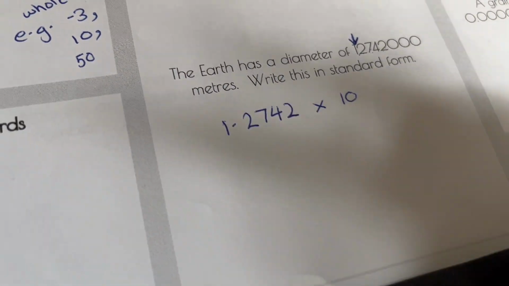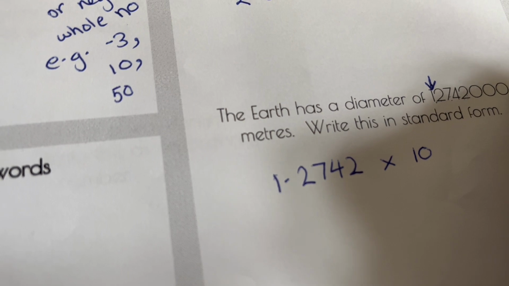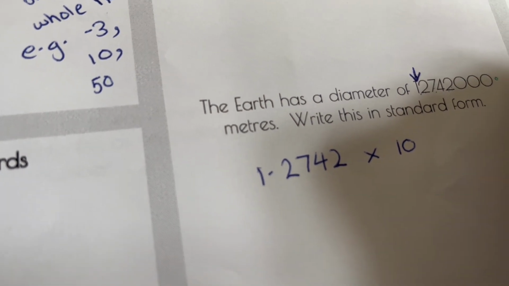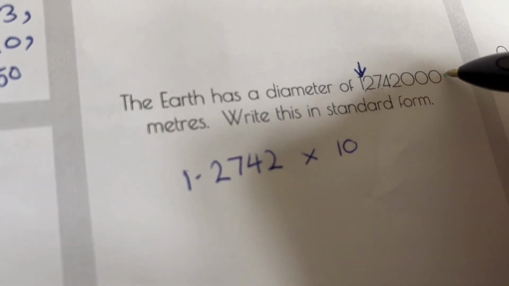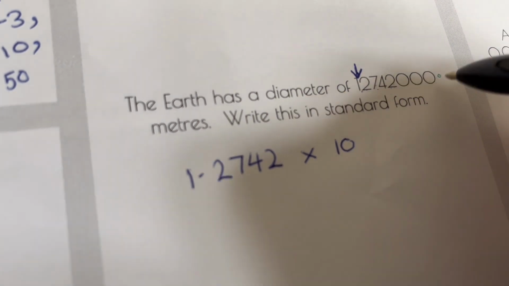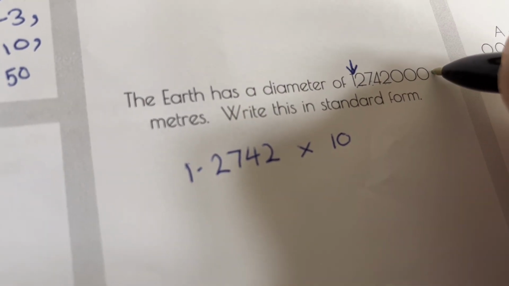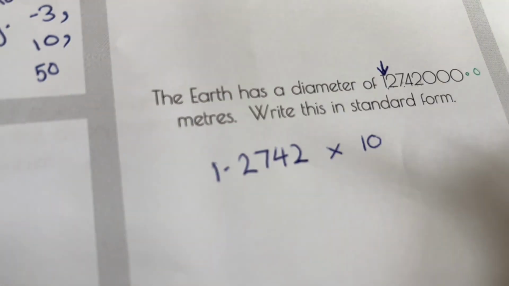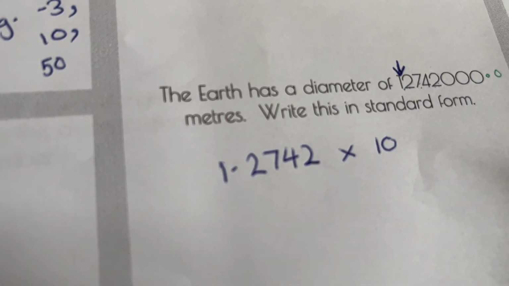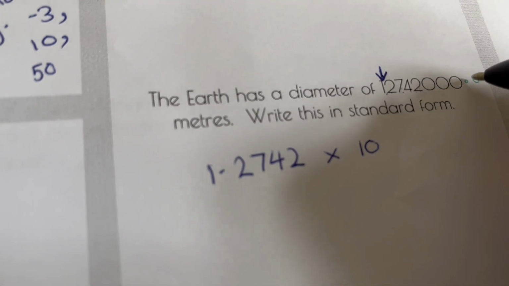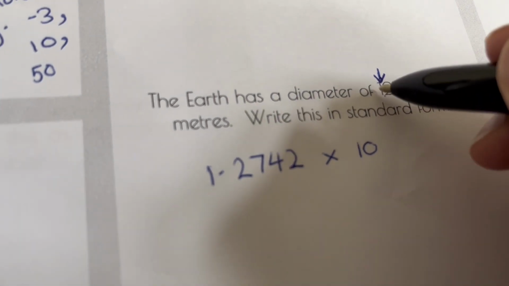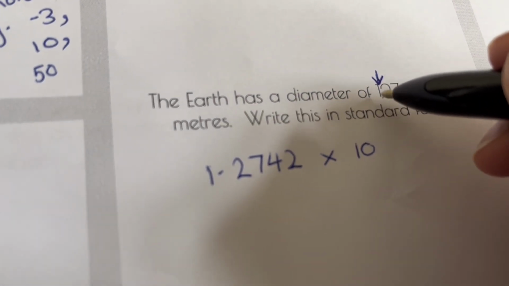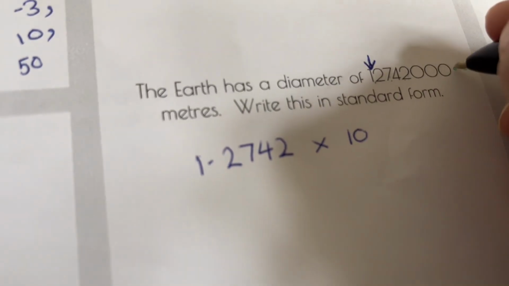Now, in order to work out the power, again, I'm going to start right from the end, include a little decimal point and count my jumps, because if we look at this number, originally the decimal point would be here at the end. If I was to write this in decimal form, it will just look like this. So in order to count how many times I've gone back to the left side to get this number, you need to start counting.